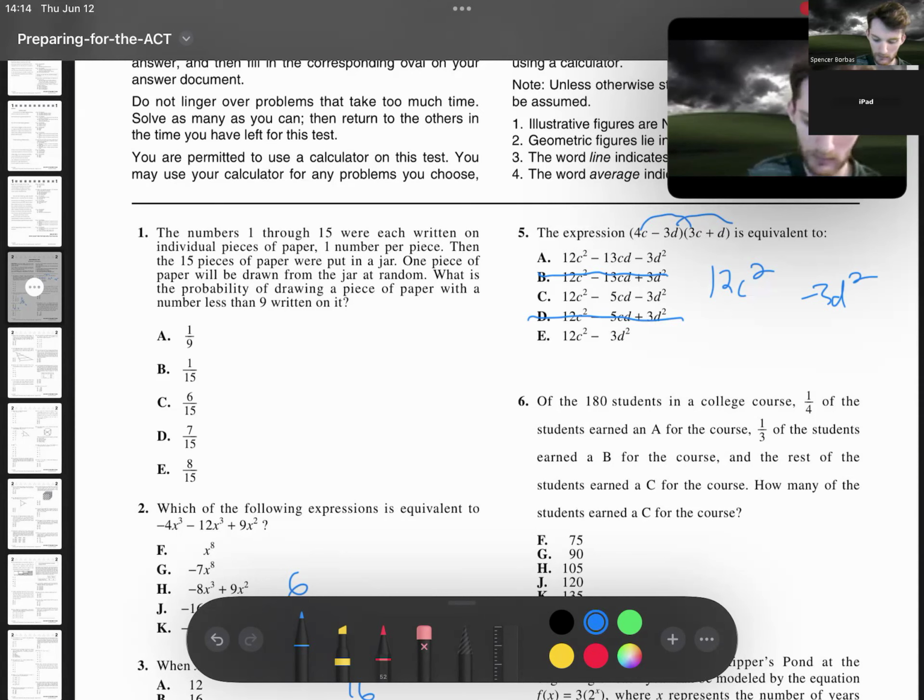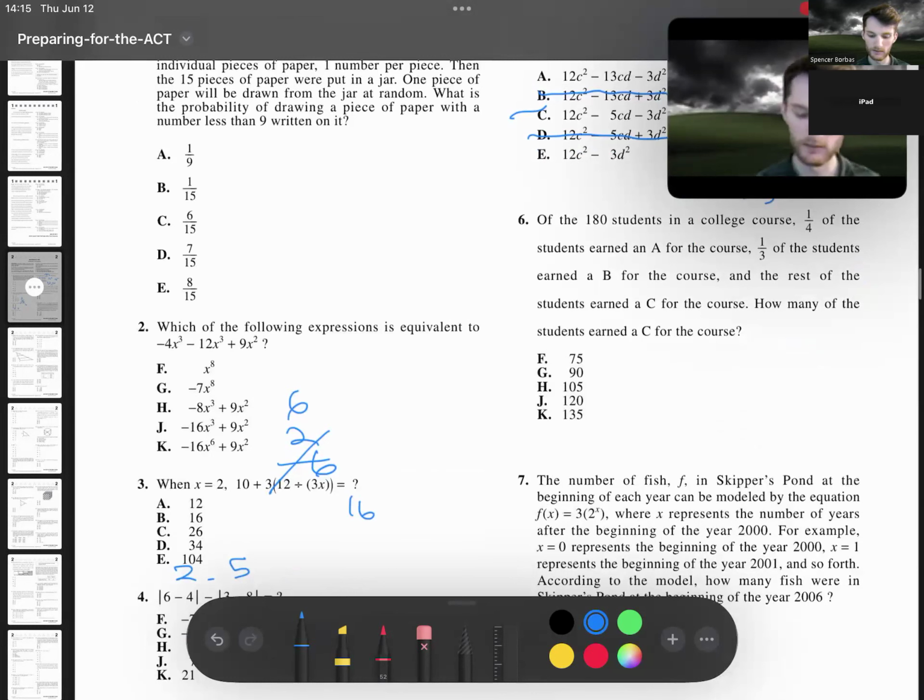Okay, and then what about the terms with a CD? 4CD, which would be these two, and then here, -9CD, which is a -5. This has a -5 right here, so I will go to C.